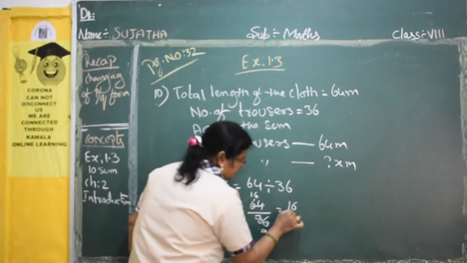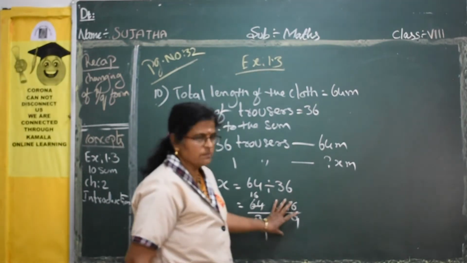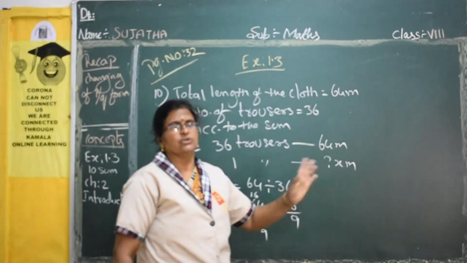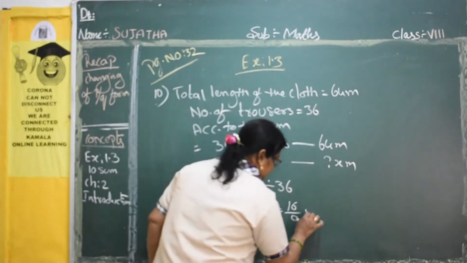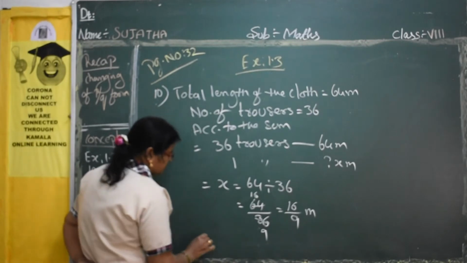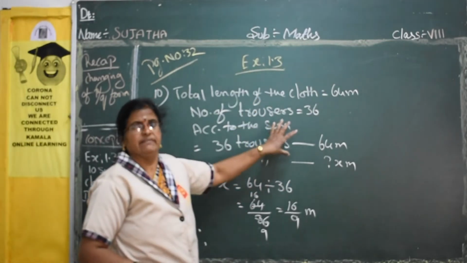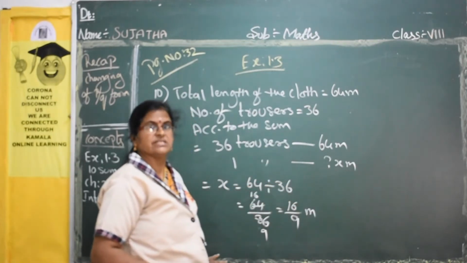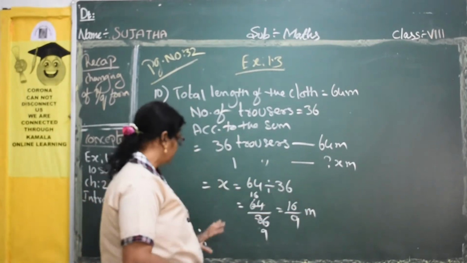Now, 16 by 9. You can keep 16 by 9 like that, otherwise if you want to change into decimals you can also, no problem. So 16 by 9 meters. Therefore, compulsory in maths: what is given is important, what you are finding is important, and afterwards the result, therefore compulsory you have to write.